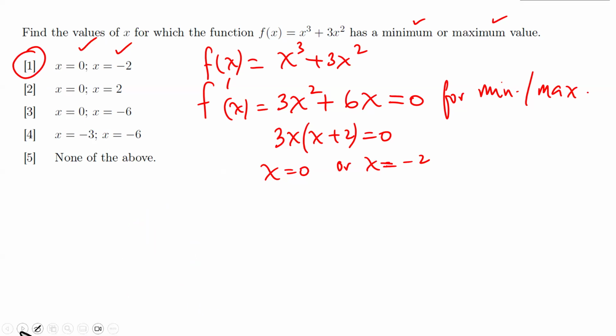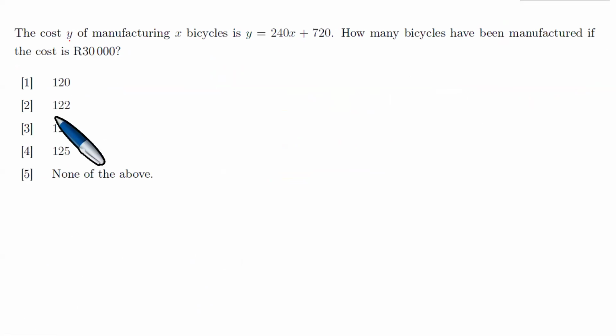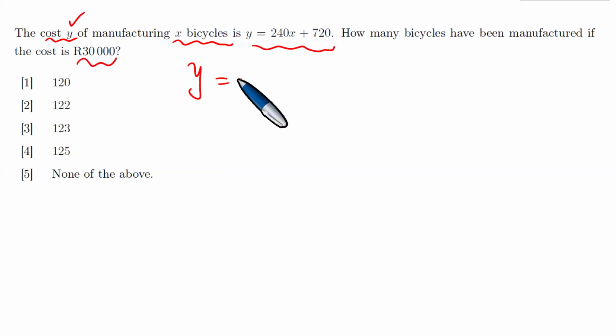Next question. Find the values of x. So this is the question we just did, and we've got the answer to it. Okay, so we're dealing with the cost y of manufacturing x bicycles, which is 240x plus 720.